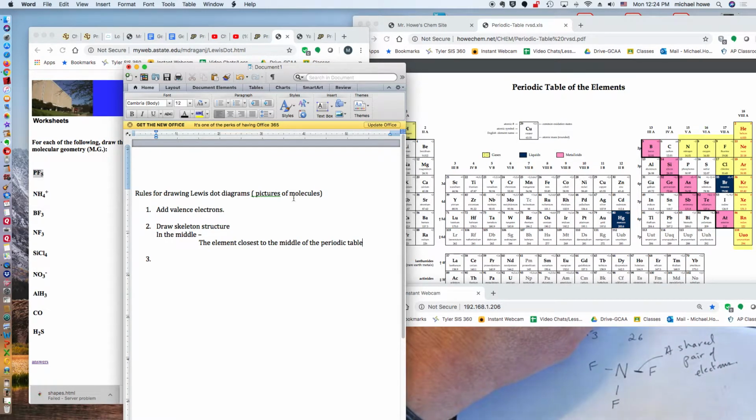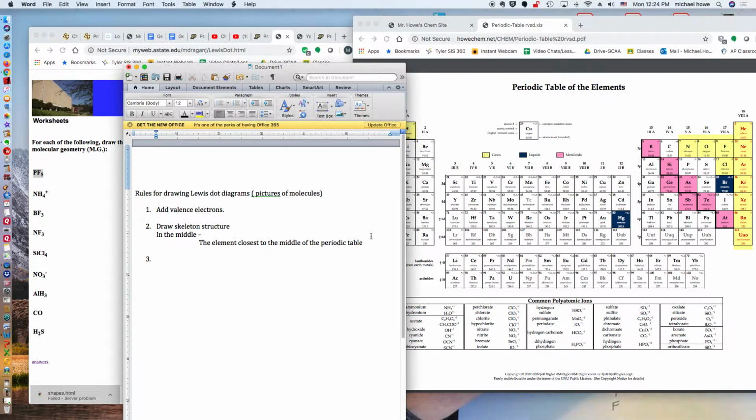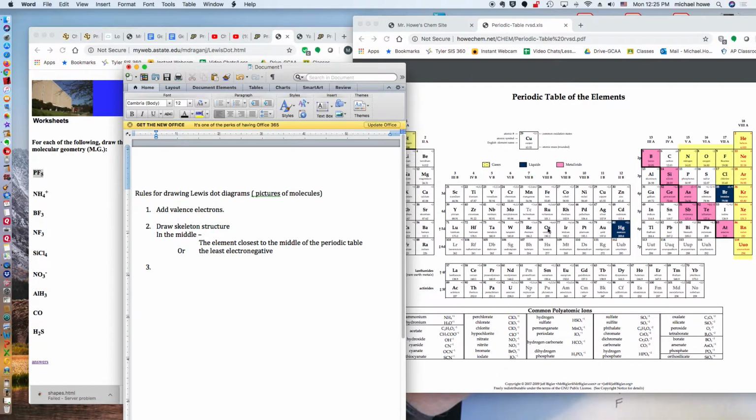So if you look at N and F, you see how N is closer to the middle. Another thing to think about, and sometimes you have to choose your best option from options that aren't always perfect, is the least electronegative. You remember electronegativity increases as you move up and to the right, and N would be less than F, so the less electronegative goes in the middle.